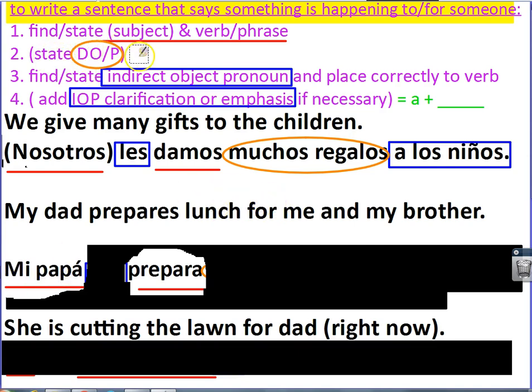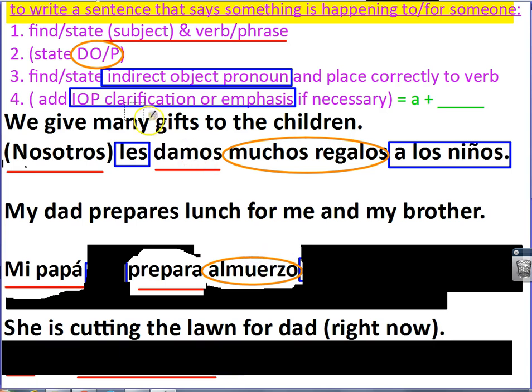Then we need to state the direct object. Who or what's being verbed, what's being prepared? Lunch. How do you say lunch? Almuerzo. And now we need to state the indirect object pronoun because if something's being done to or for someone, you must have an IOP. Yes, I keep repeating that.